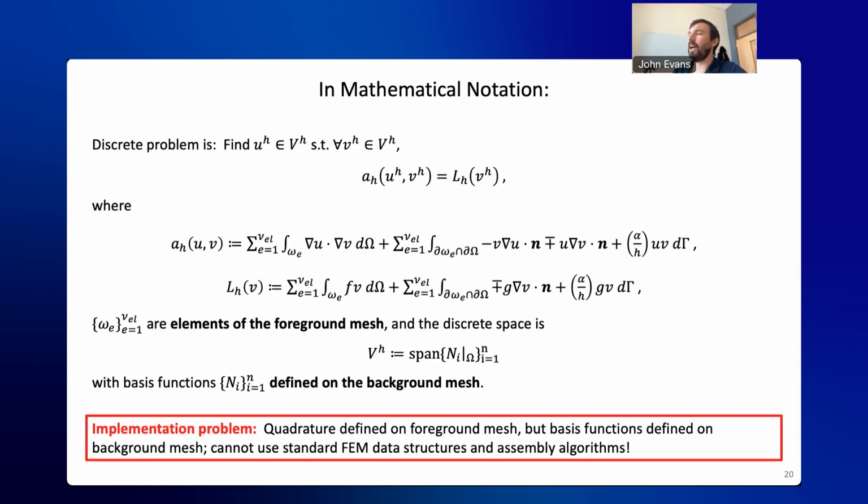But standard finite element data structures and assembly algorithms just work with one mesh, right? So we can't utilize these standard finite element method data structures and assembly algorithms, which led us to instead turn to these interpolation-based immersed methods.